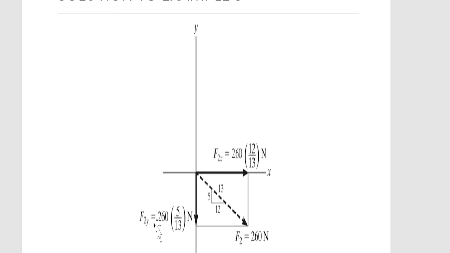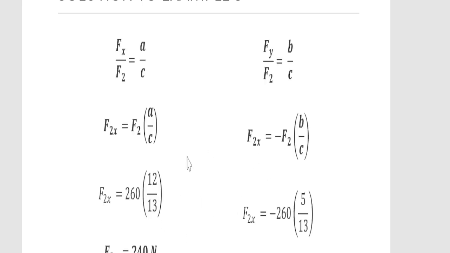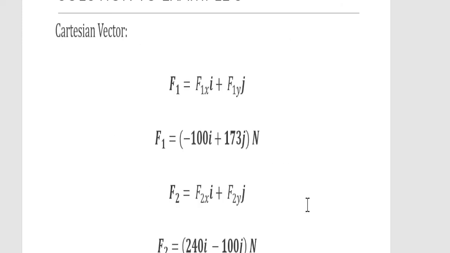Then for the vertical component, perpendicular by hypotenuse, 5 over 13. So we can solve this also. By solving F2x, we will get the value of 240 Newtons, and F2y you will get the value of minus 100 Newtons.